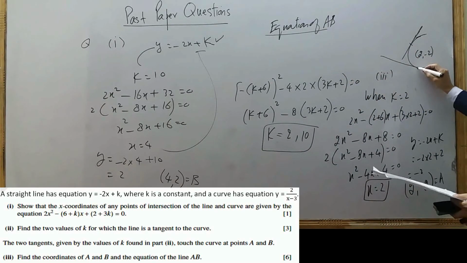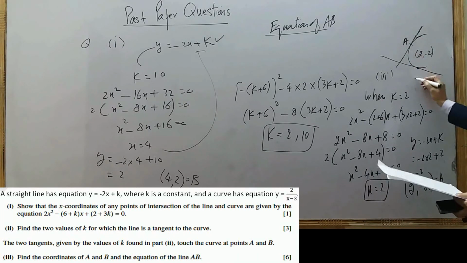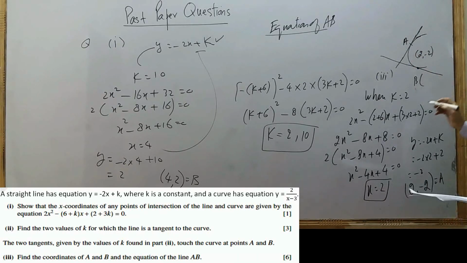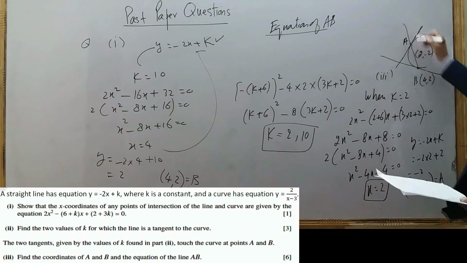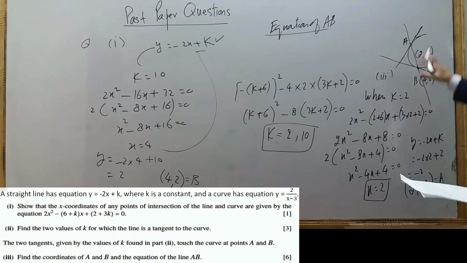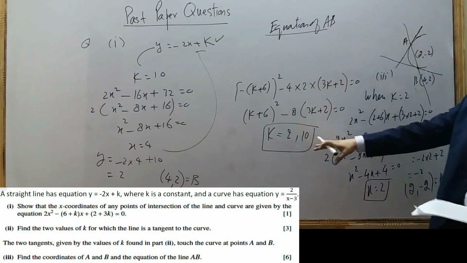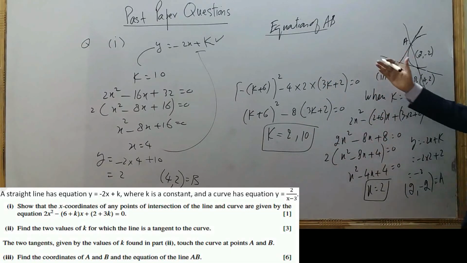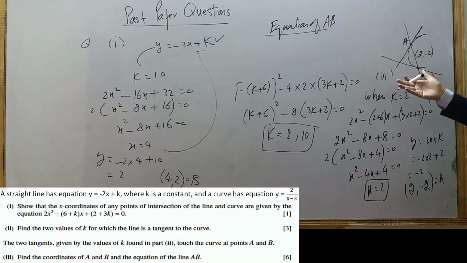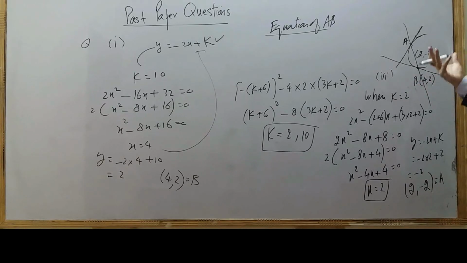This is the B point, which is 4, 2, and this is A. We have 2 points A and B. You are asked to find the equation of the line AB, means this line. Now you know how to find the equation of a line from 2 points. You will find the gradient and then you will use the formula and you can find it. So I am leaving it for you.